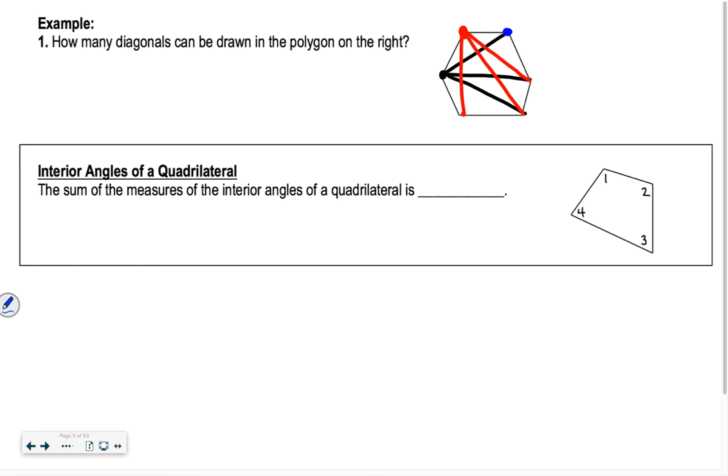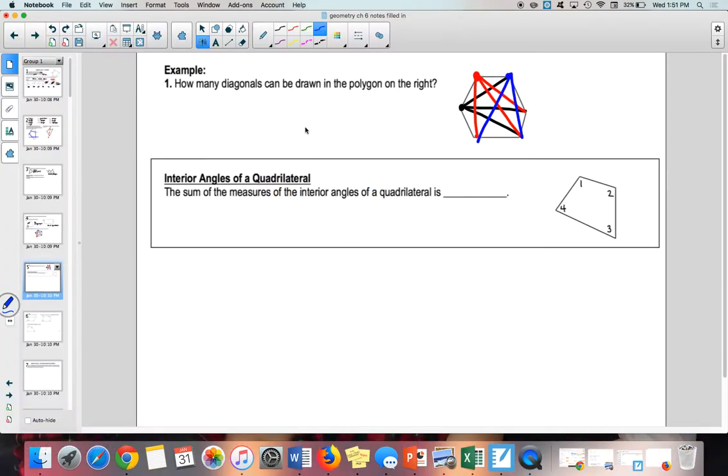We've already counted that one. 7, 8. Any others that we're missing? Yeah, right here, right? Whoops, I tried to do a green. It doesn't want me to do green. We'll do pink dotted. That one. So are there 9? Any others? Yeah, this one has 9.